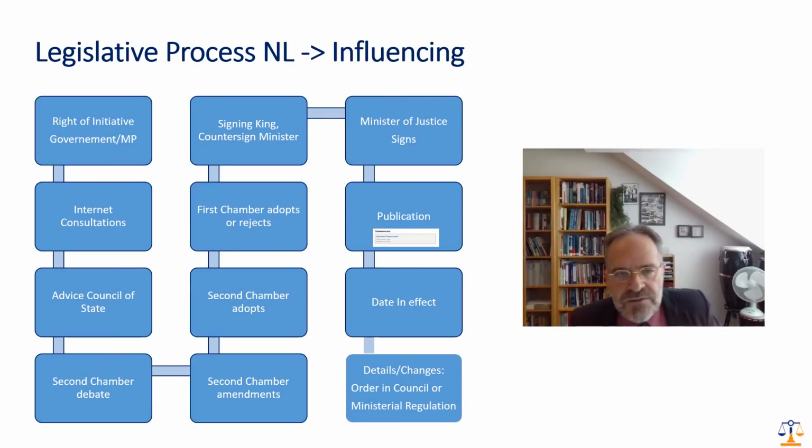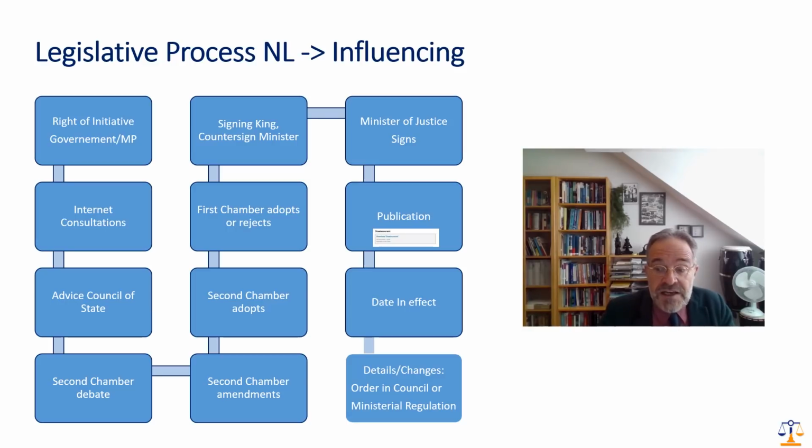Right, here we have an outline of the legislative process of the Netherlands. What you see in the left-hand top box is the right of initiative. This is the right which generally the Constitution assigns to a body of the state. In the Netherlands, the right of initiative is in the hands of both the government and members of parliament.